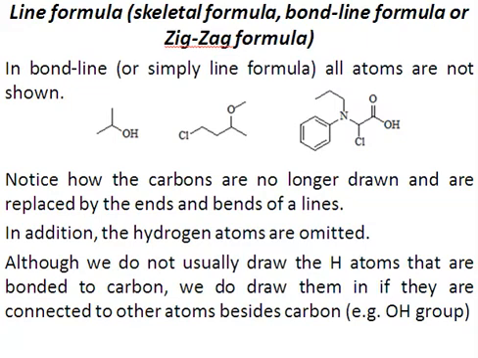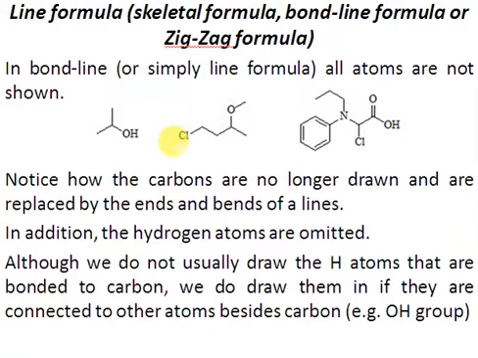So in order to eliminate the problems associated with the Lewis formula or condensed formula, line formulas were devised. Right, the line formulas are also known as skeletal formulas. They are also known as bond line formulas, or zigzag formulas. Why are they called zigzag? Because the line appears in a zigzag manner.